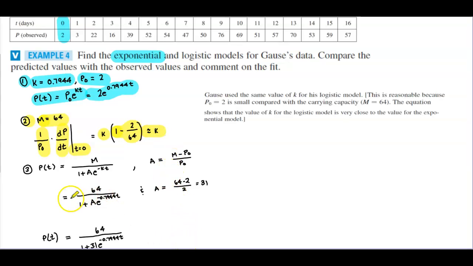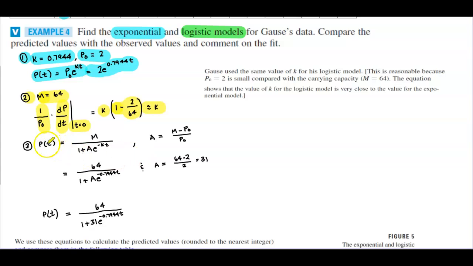So in order for us to find the logistic model, we know that from our equation in our previous exercise that P of t is equal to m over 1 plus a times e to negative kt. And we know that the value of a is equal to the carrying capacity minus the initial population divided by the initial population.